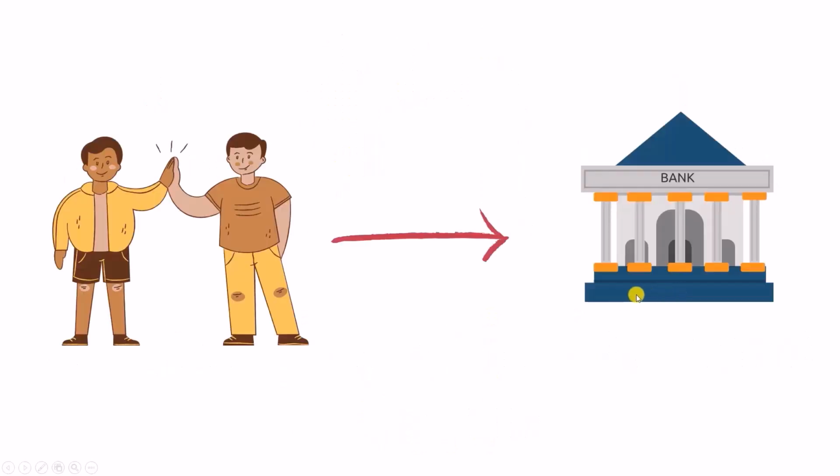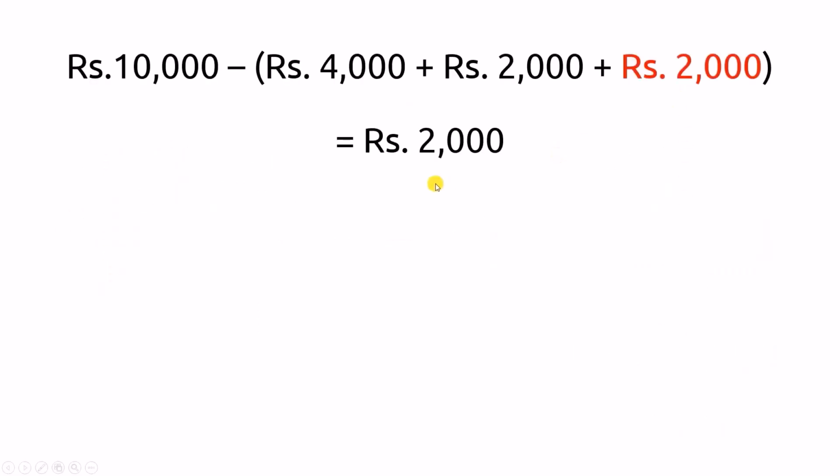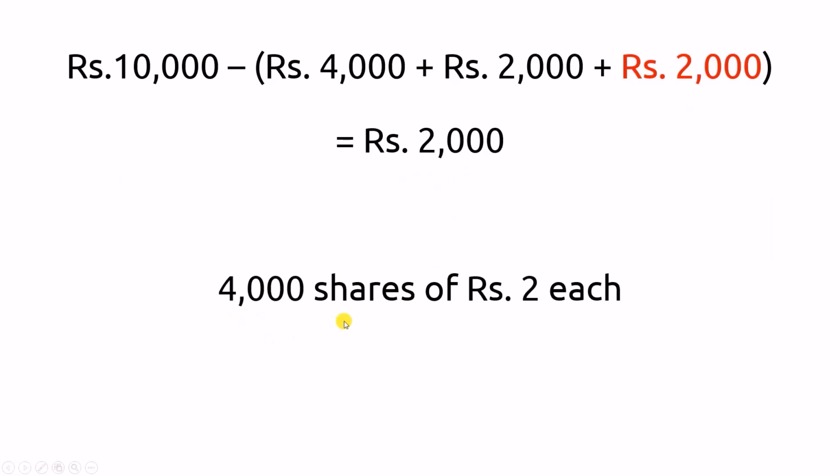They go to the bank and the bank says we can offer a maximum of 2,000 rupees at a certain interest rate. So they take that too, and still they need 2,000 rupees, and so they split the company into 4,000 shares of 2 rupees each.